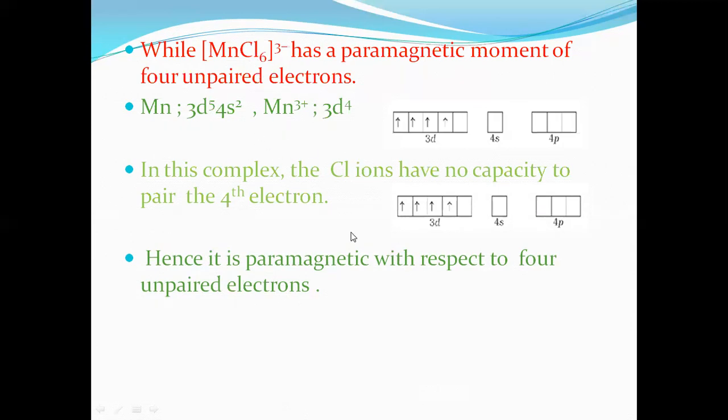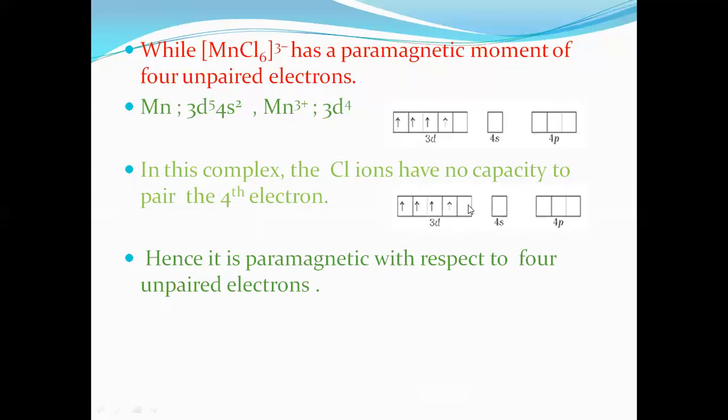Now, the approaching ligands are six, so six empty orbitals are required. If it uses its inner d orbitals, then one, two, three, four, five, and one more d orbital has to be used from 4d, which is not possible. A central metal atom has to use either its inner d orbital or its outer orbital.